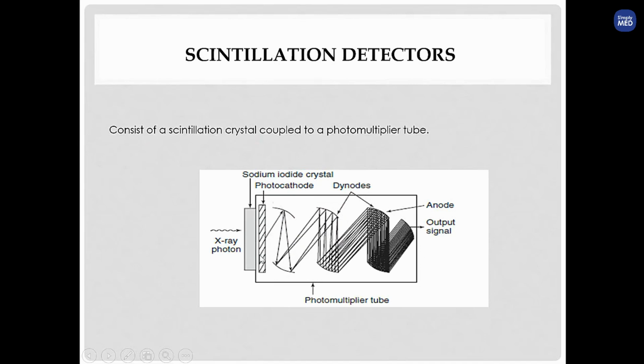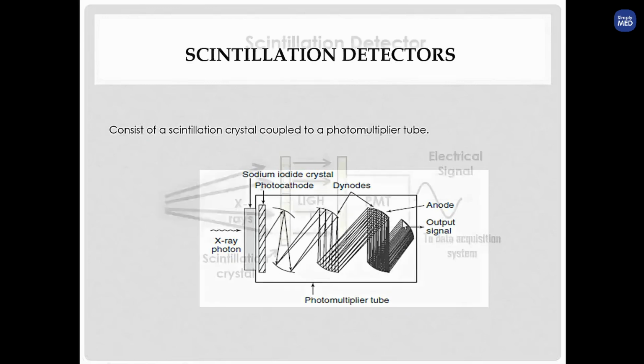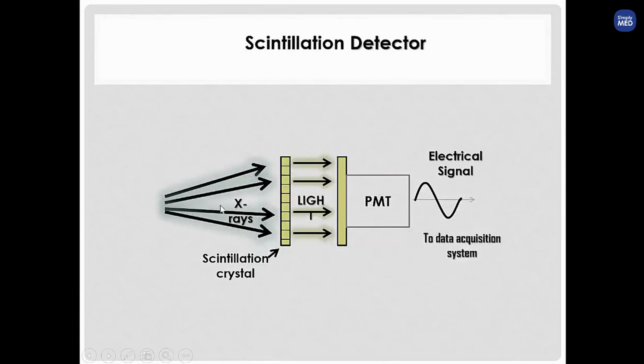In the photomultiplier tube, the photocathode converts the light into electrons and sends them to the dynodes. There are several dynodes which multiply the signal, so once one signal goes, it multiplies to two, then 2 into 2, and so on, and at the end we have the anode where we take out the signal. So it's X-ray, scintillation crystal converts to light, then the PM tube converts to an electrical signal, then to the data acquisition system.